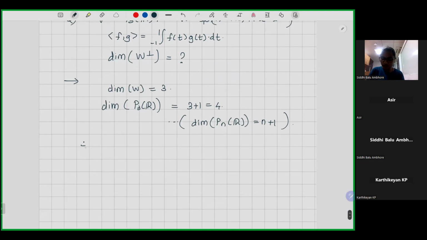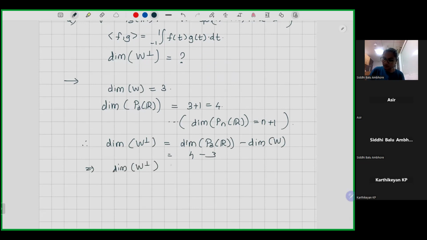Therefore the dimension of W perp is the dimension of P3(R) minus the dimension of W, which is 4 minus 3. Therefore, the dimension of W perp is just 1. Any doubts here?